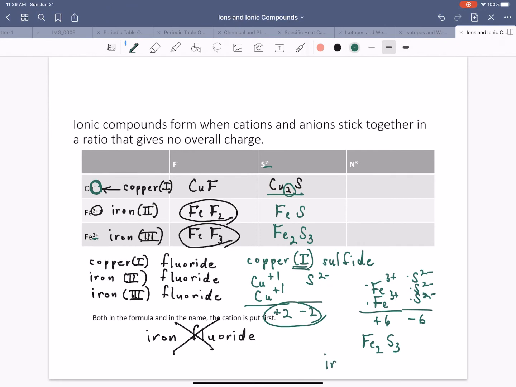So iron 3 sulfide requires 2 iron 3s and 3 sulfides.